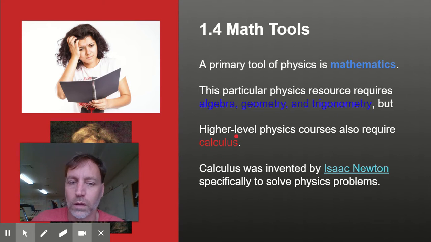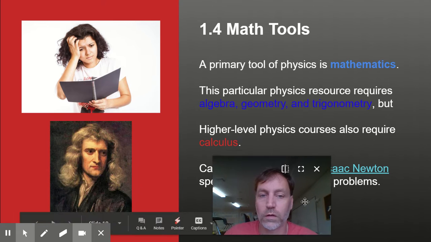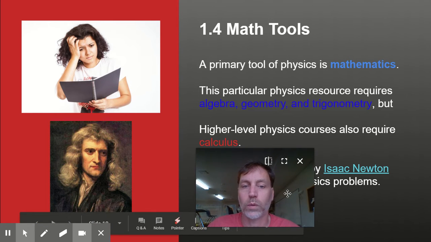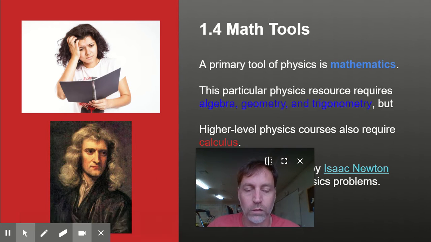Calculus was invented by Sir Isaac Newton when he was 26 years old. He wanted to solve a problem: why are the orbits of the planets shaped like an ellipse rather than a circle?